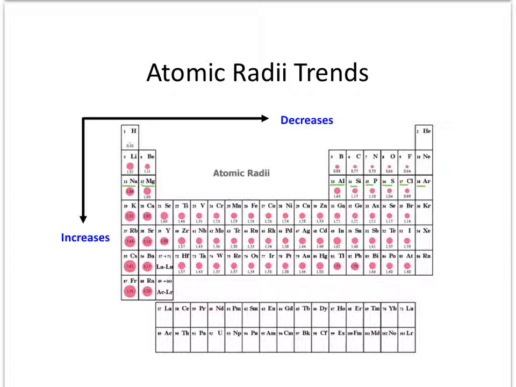When you go down, the size is going to increase, and that's because you're adding additional energy levels. Electrons are being placed naturally farther and farther away from the nucleus. Even though you see as well that the nuclear charge is increasing, that power is negated by the fact that the electrons are so far away, and the atom just naturally gets larger.